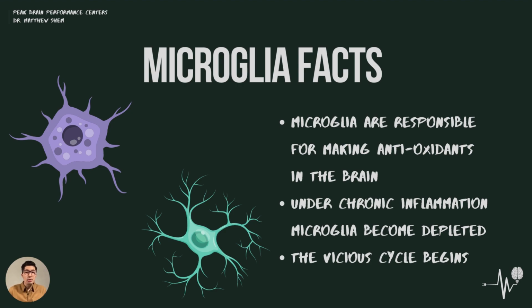However, under these chronic inflammatory conditions, your microglia become depleted. And so you can see how this is kind of a perpetual cycle in the fact that you get all of this inflammation in your brain and you need your microglia to then go make antioxidants. But the longer that this inflammation is in your brain, the more that these microglia become depleted.